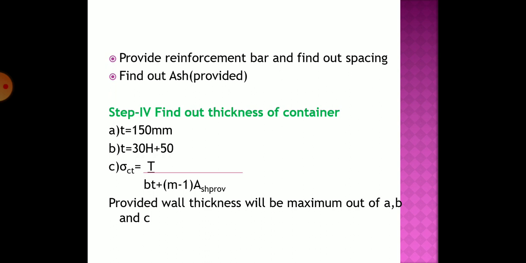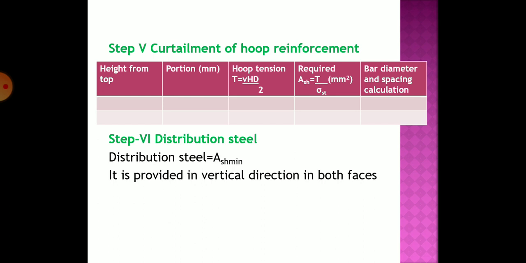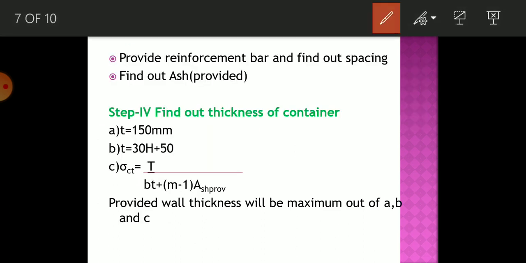Then t is unknown, that is the thickness of the container wall, m means the modular ratio, and ASH provided we have determined in step number 3. So all terms are known, only the unknown term is t, so we can determine t, and the provided wall thickness will be the maximum out of A, B and C.